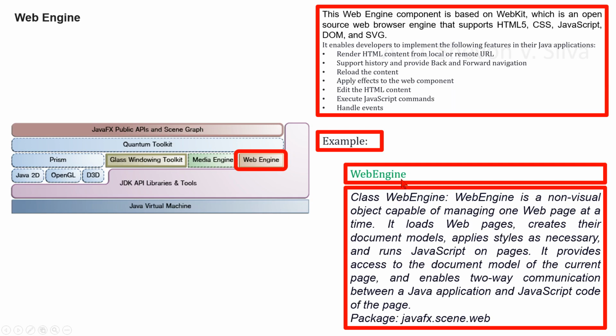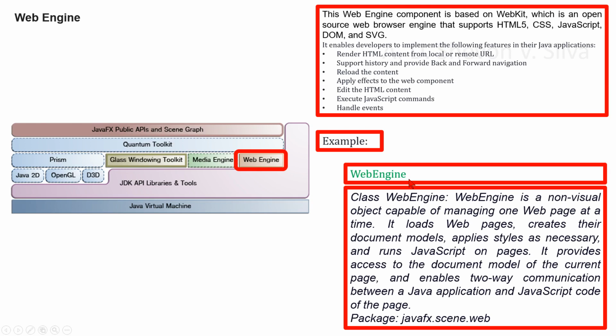As an example, we can consider this class WebEngine. WebEngine is a non-visual object capable of managing one web page at a time. It loads web pages, creates their document models, applies styles as necessary, and runs JavaScript on pages.